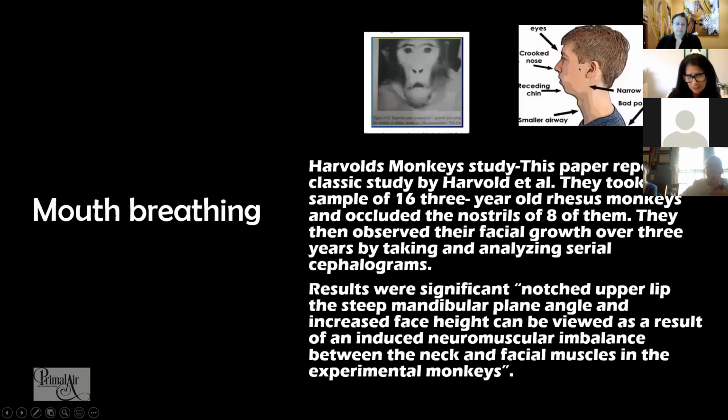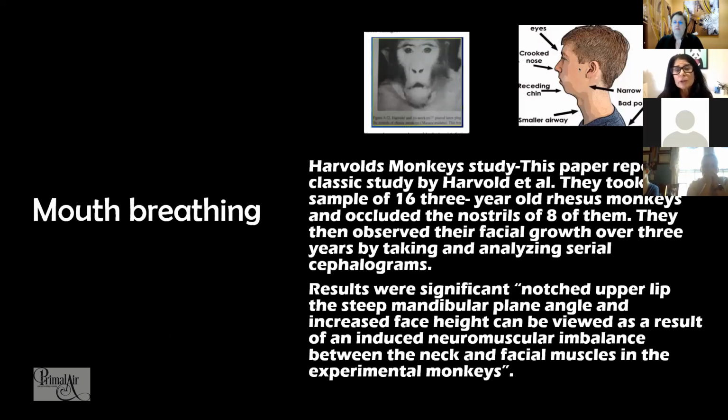So back to mouth breathing. James Nestor covered mouth breathing pretty well in his book, but Dr. Harvold did his monkey study where he took 16 or 8 pairs of monkeys, and he put silicone plugs in their noses, and he studied them for 3 years, and he took x-rays and cephalograms and stuff.